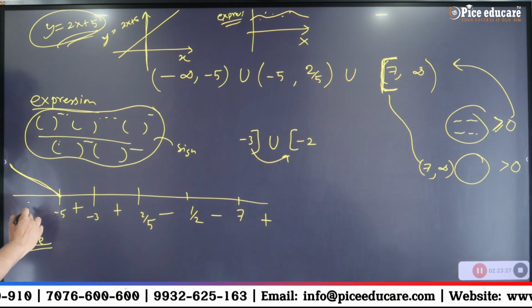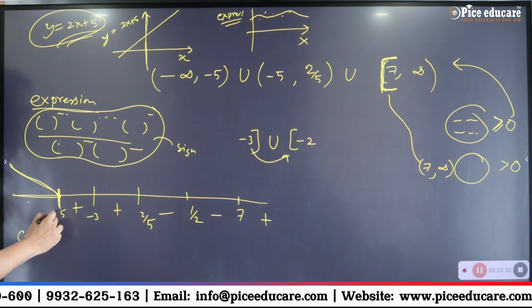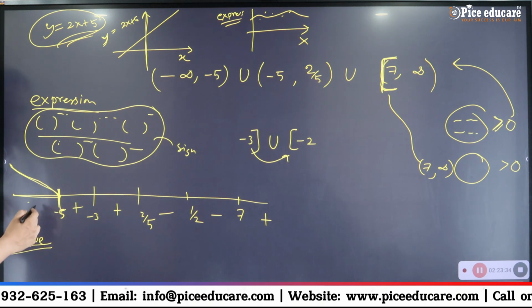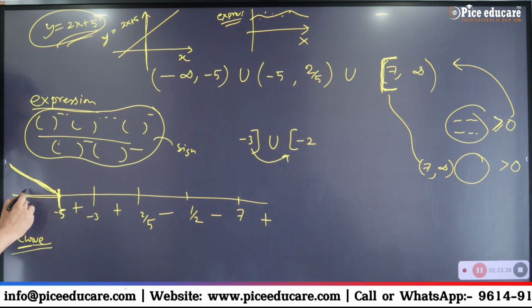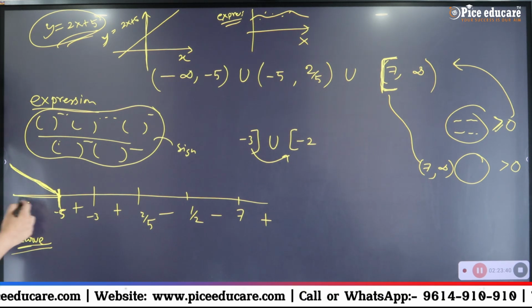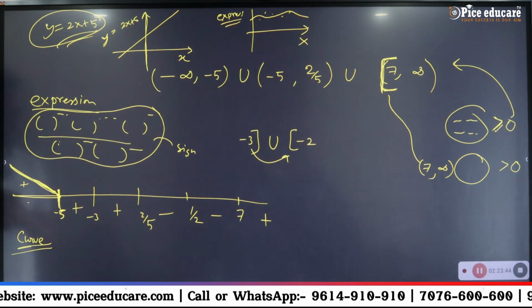But as the sign of the expression when my x was lesser than 5 was positive, why not draw a curve above the x-axis? So it signifies that it is positive.